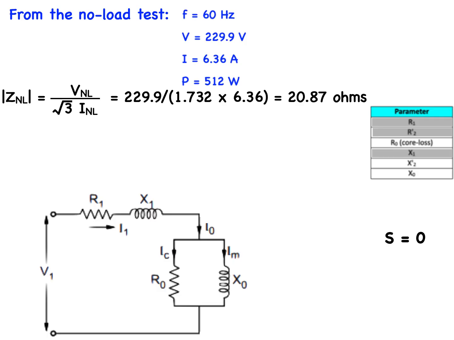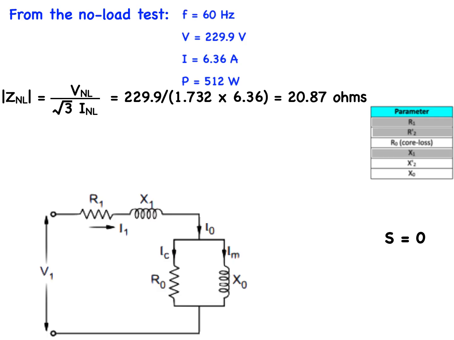In real terms, that is 229.9 divided by the quantity 1.732 times 6.36, which equals 20.87 ohms. This represents the total per-phase input impedance at no load.